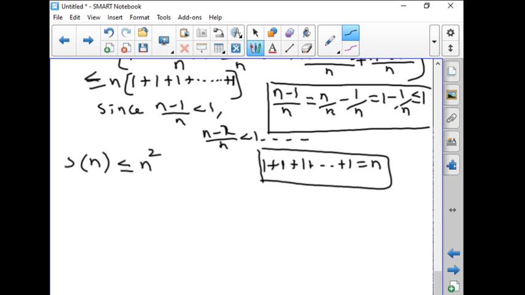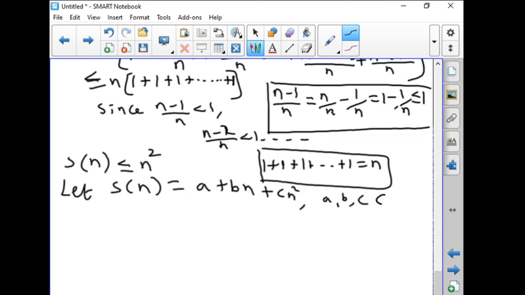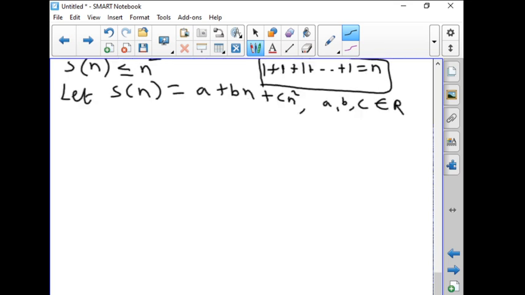Now let s of n is equal to a plus bn plus cn square, where a, b, c belongs to R. So what is R? Set of real numbers. And let us also take s of n plus 1.